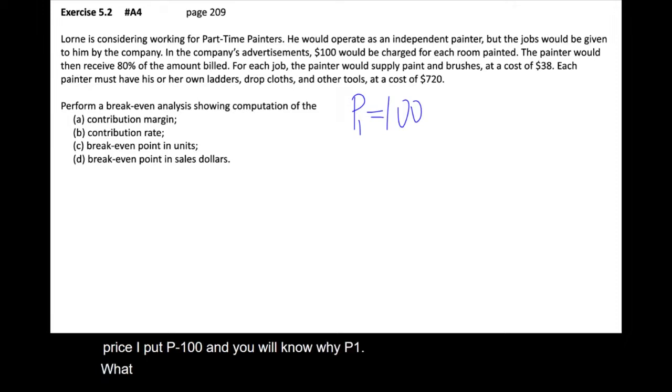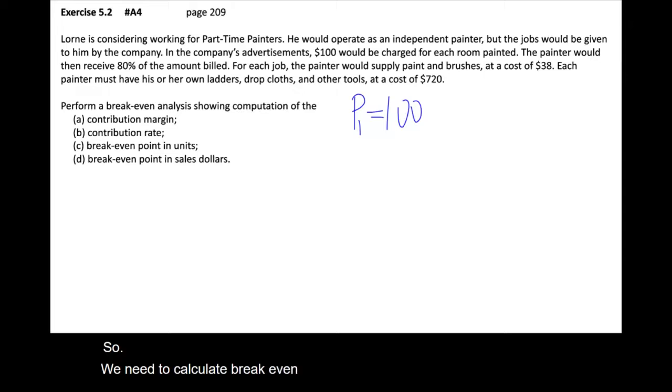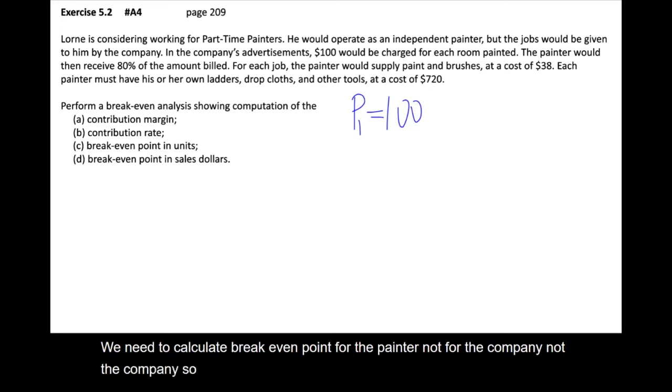What we do now, we calculate the break-even point for the painter, not for the company. So what does the painter receive?